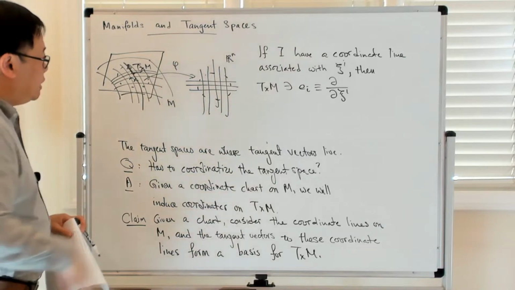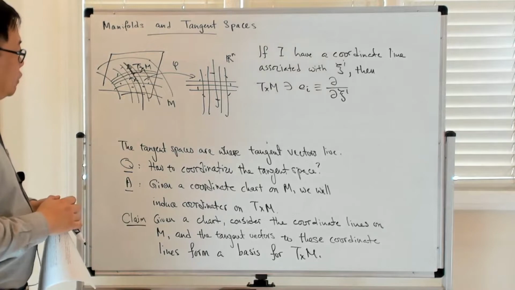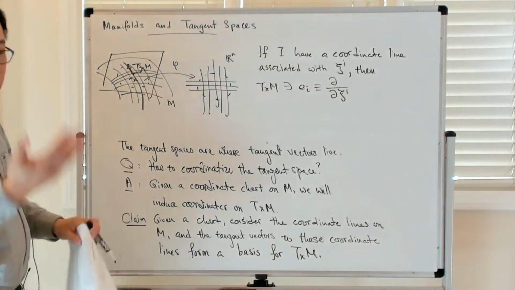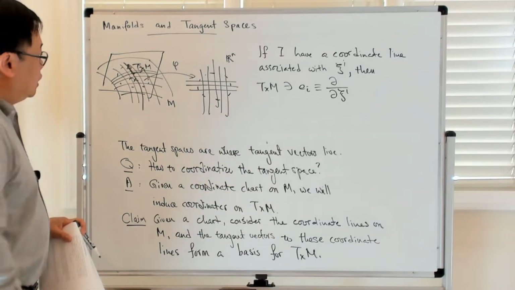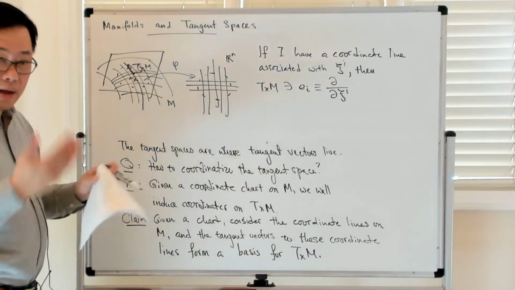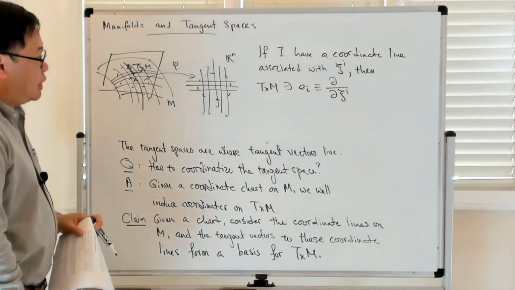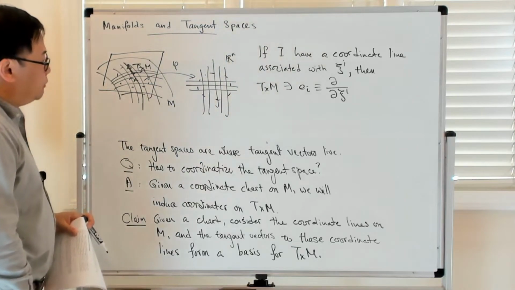But more generally speaking, you don't have to embed the manifold. You could just say that I give you an abstract manifold together with this atlas of coordinate charts, I should still be able to talk about the tangent space to that manifold intrinsically, right? So that basically means independent of some sort of embedding.